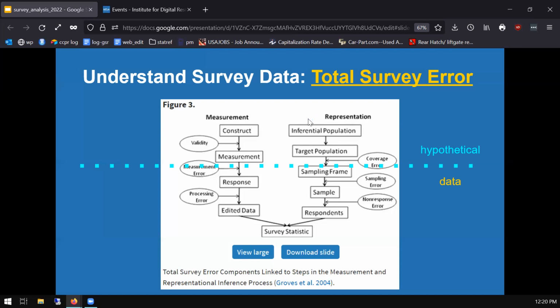So I think the way Groves formulated it is, on one branch, you have all of these issues regarding choosing the right questions you want to study. And on the other branch is picking the right individuals for the target population you're interested in. And they meet in the middle to combine for your survey estimate. What I've overlaid is this dashed line. Everything above it, you can think of as hypothetical.